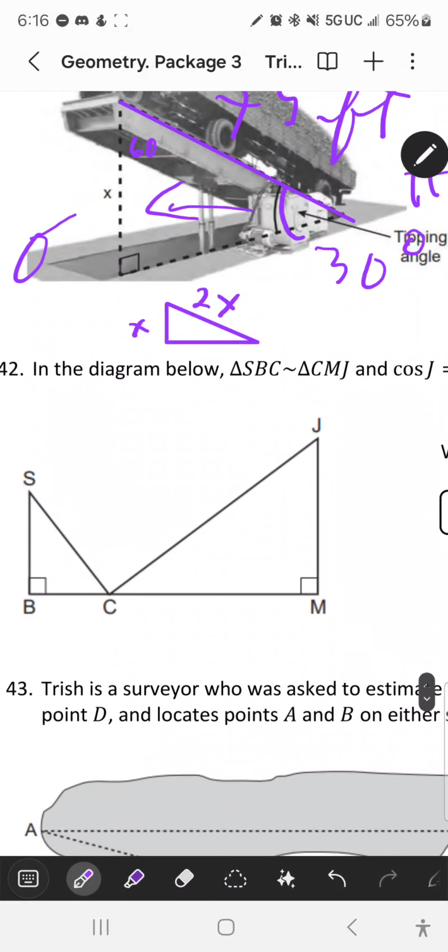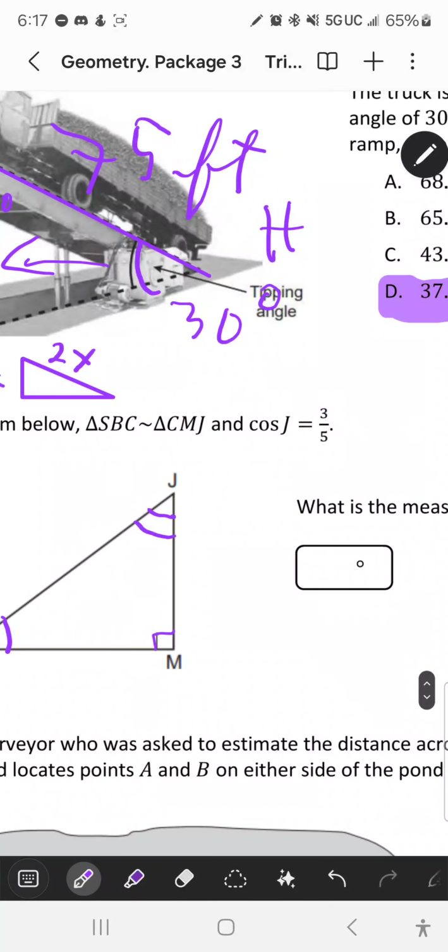Now, in the diagram below, SBC is not congruent, but it's similar to SMJ. So S is similar to C, B is similar to M, and C, which is DC, is similar to J. So this is what we have.